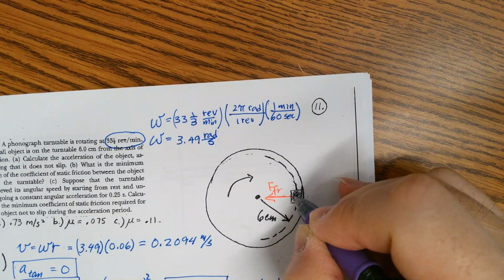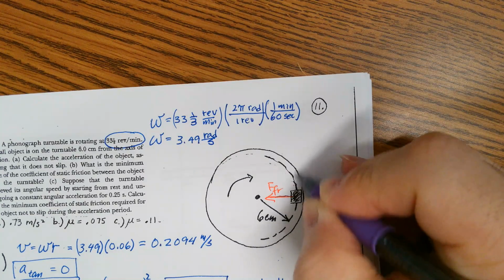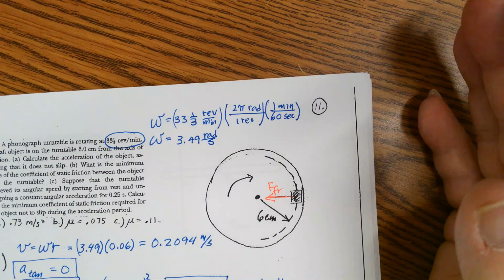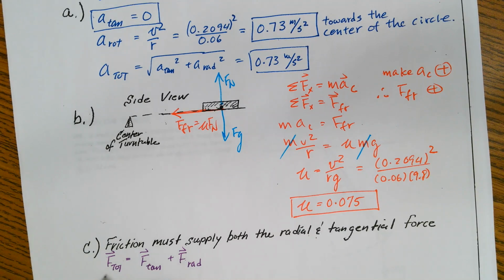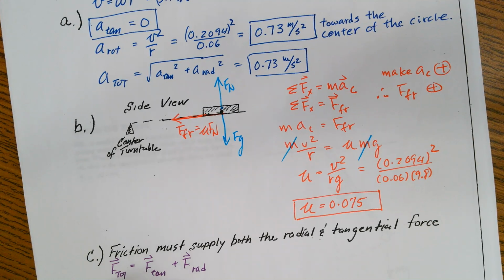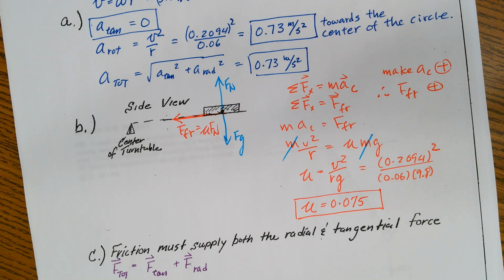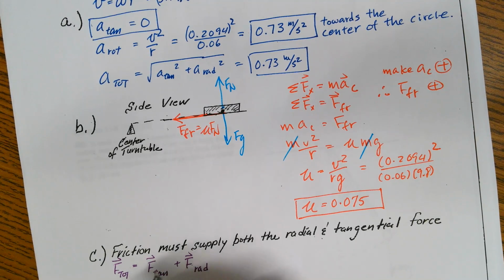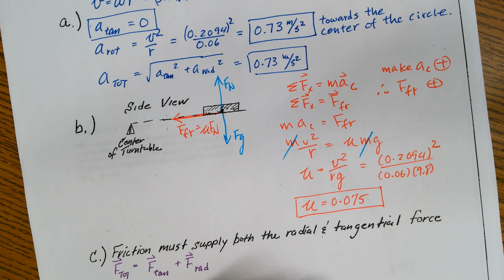So force radial, which is the frictional force, and then force tangential, which is also a frictional force. There are two frictions happening simultaneously. Okay? So total force is basically mu times F normal, which is the total friction, and that is equal to m a tangential plus m a radial.